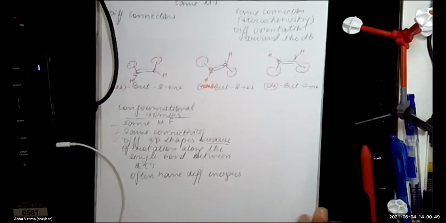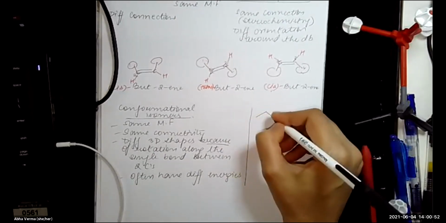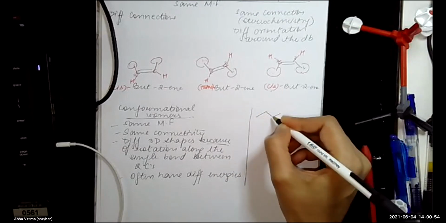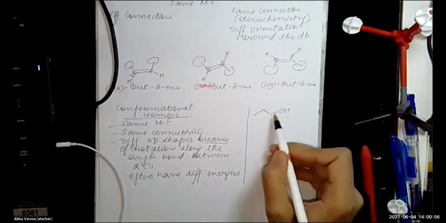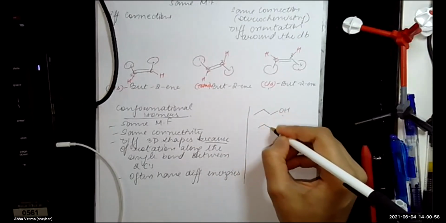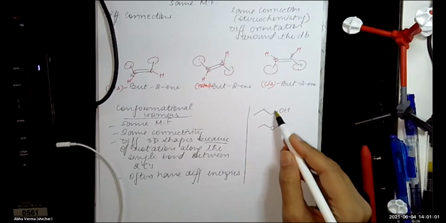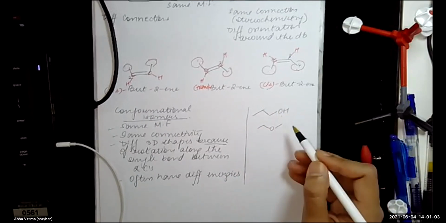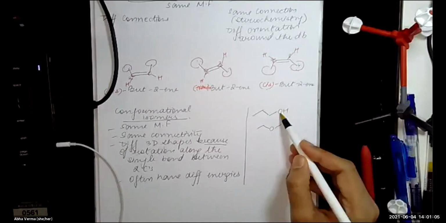So if you look back at constitutional isomers, 1, 2, 3, 4, OH. If I have a molecule like this and a molecule like this, both of them are constitutional isomers, right? I can see the difference in connectivity.